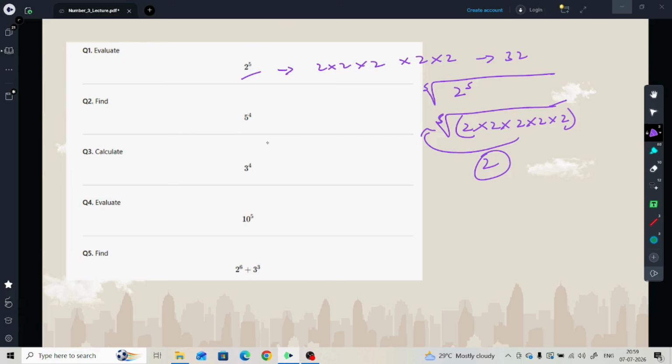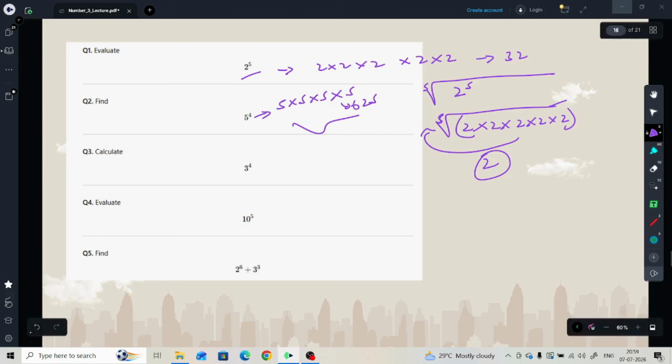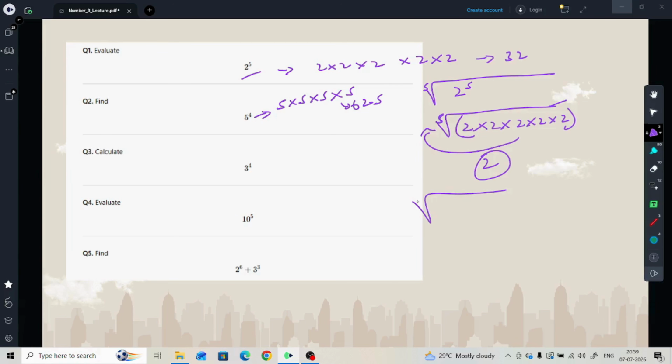It goes like that. Just like for the second question, 5 to the power 4 should be around 625. Yes, 625, because 5 times 5 is 25, 25 times 5 is 125, 125 times 5 is 625. If somebody randomly asks you, and nobody will ask you, but just for info, what is the fourth root of 625?